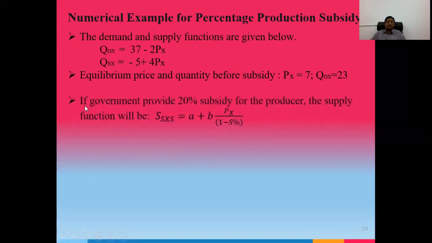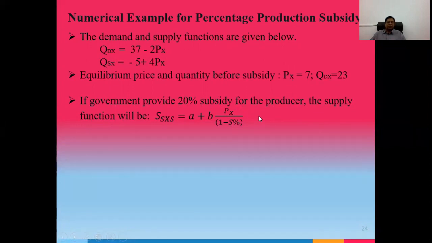If government provides a 20% subsidy for the producers, the supply function will be Px over 1 minus percentage subsidy. As in the case of tax, we have to get the price after subsidy.